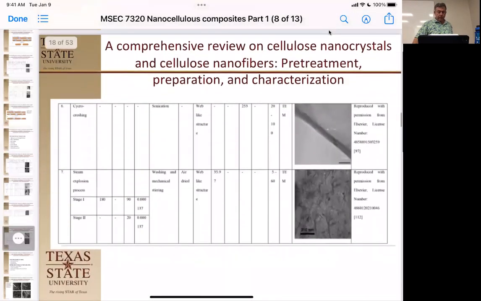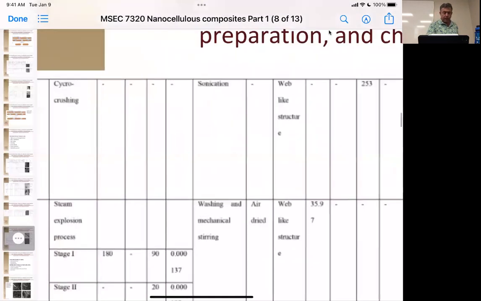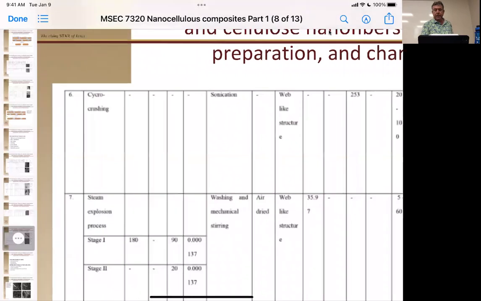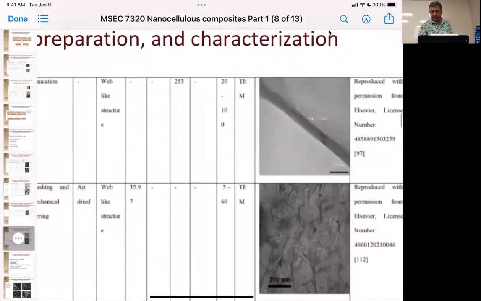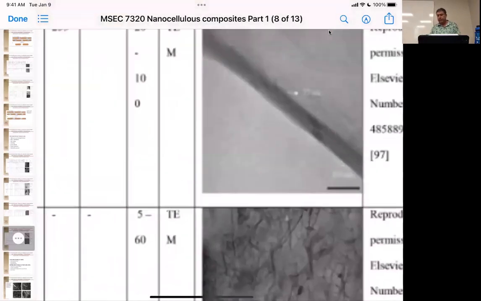Okay. Now this is where we have two more. We have the cryo crushing, and then sonication gave little tiny fiber mats. This really is not very big. It's this mat on a substrate here. So it gave a mat-like structure.